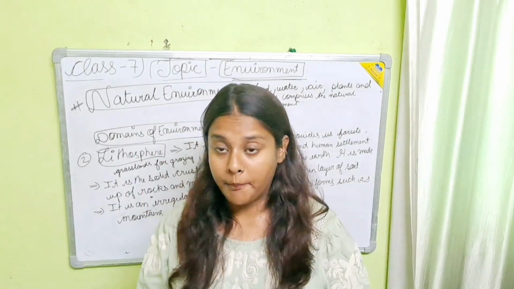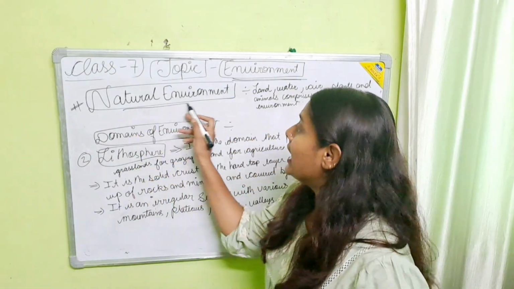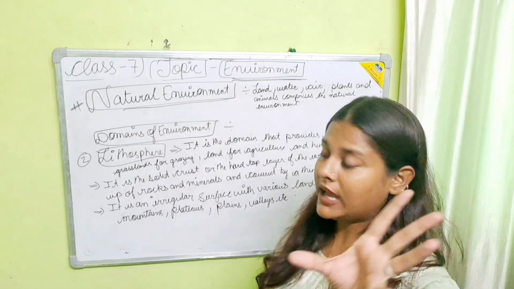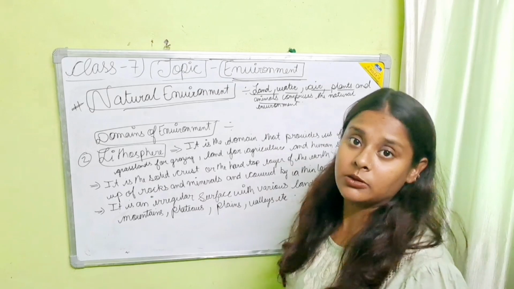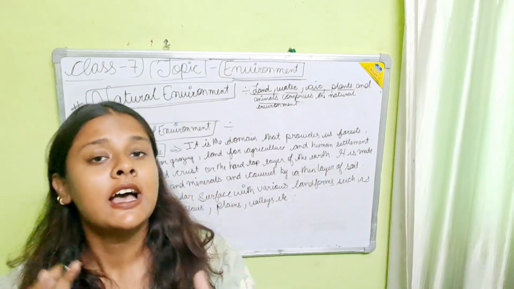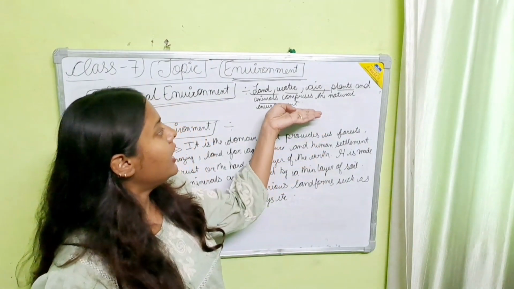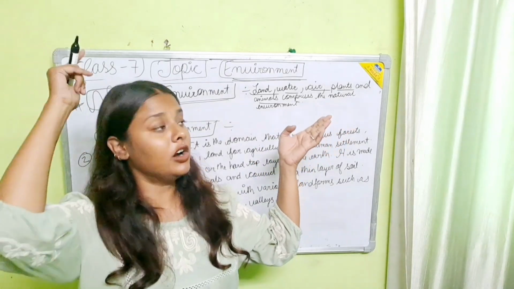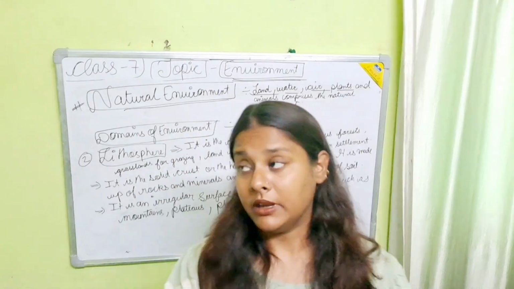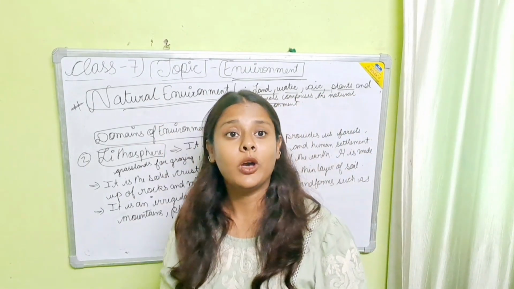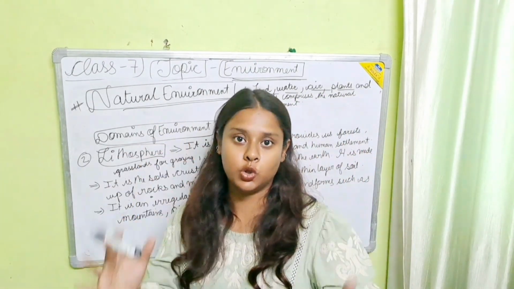When we talk about natural environment, we know that it consists of land, water, air, plants, and animals. All these things collectively form our natural environment. Now, land is lithosphere.